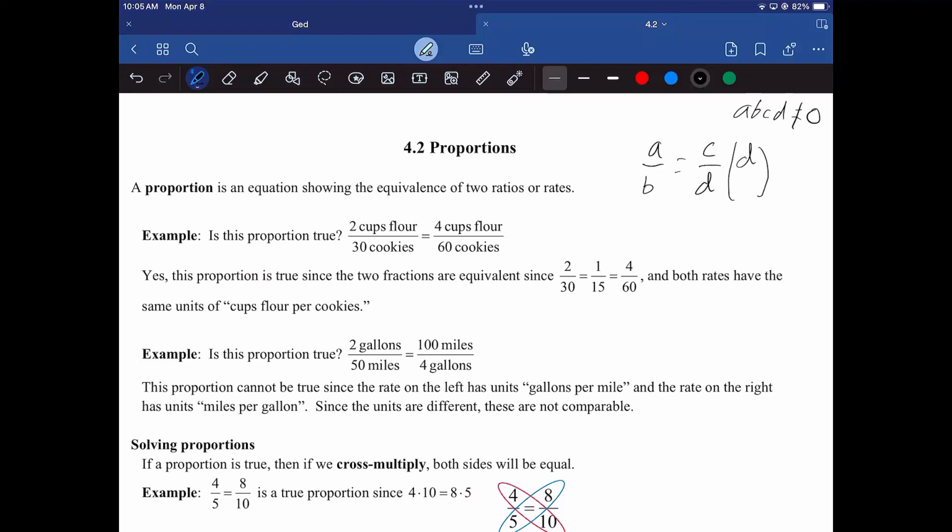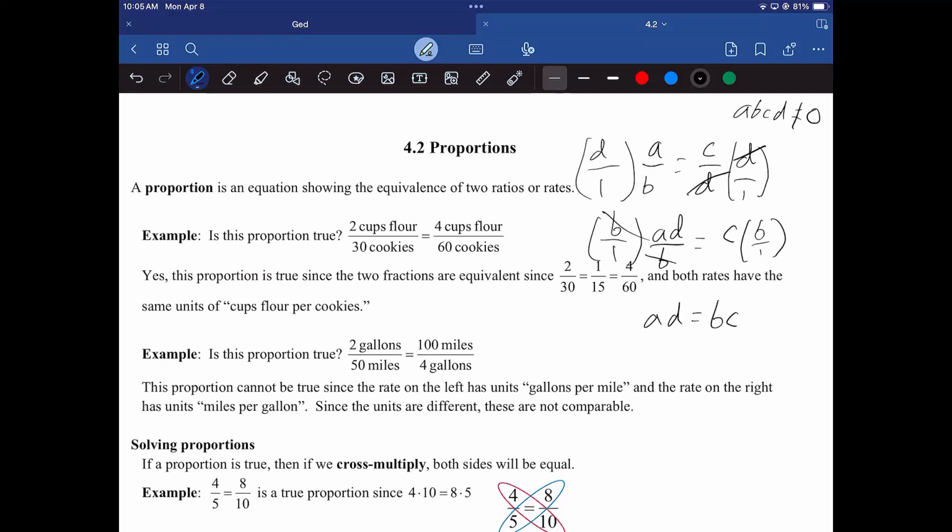I'm going to multiply this side by D and this side by D. When I do, these D's reduce and I get AD over B is equal to C. Now I can multiply both sides by B. And when I do, I have AD is equal to BC.